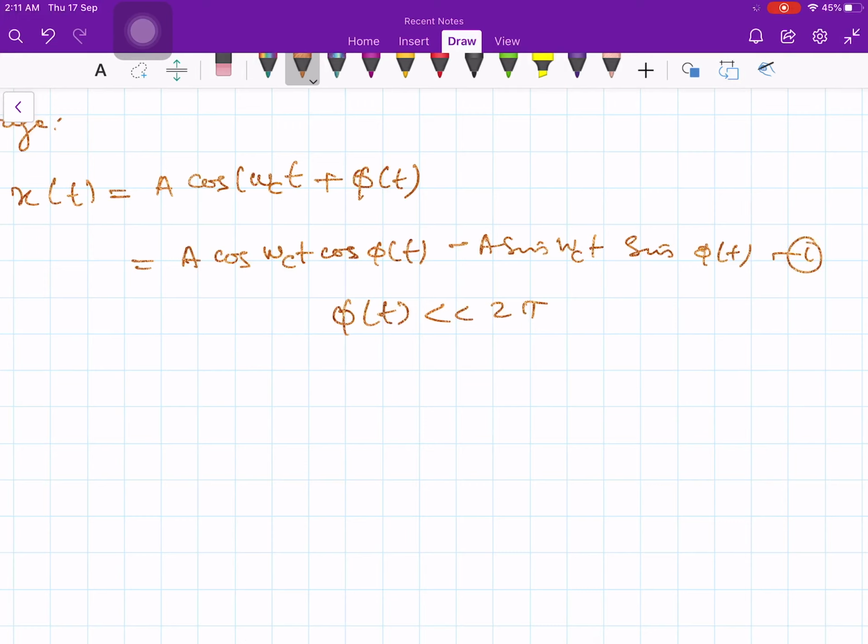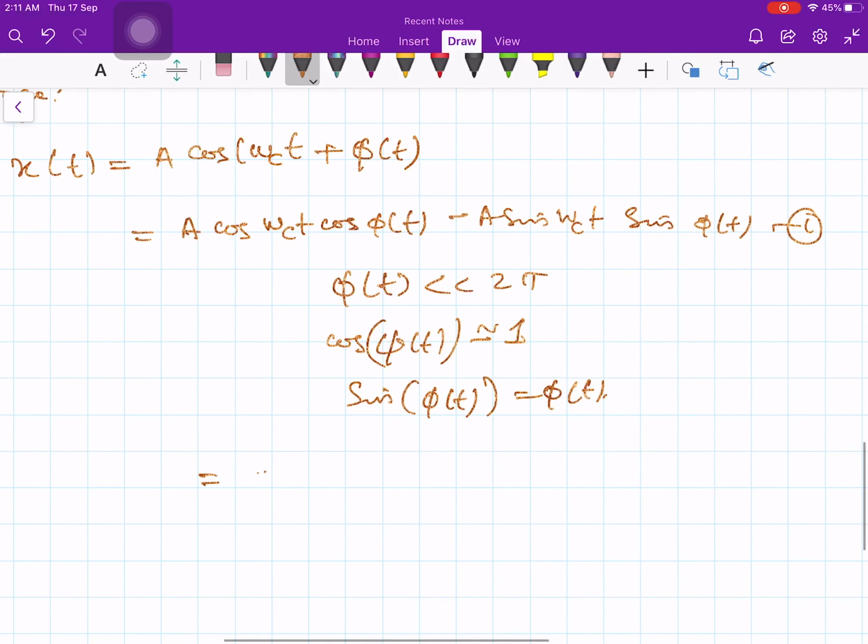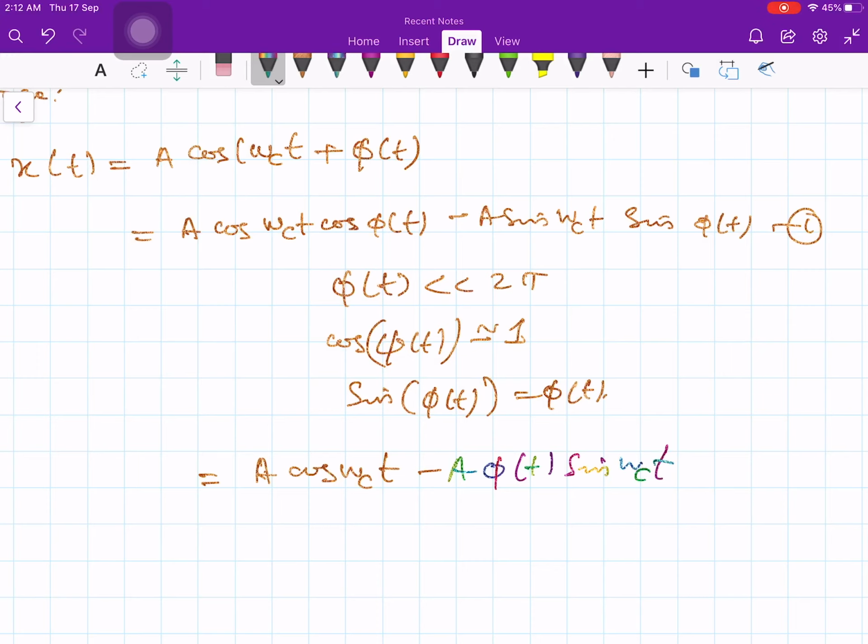Let me call it equation 1. That approximation is quite good, right? What is the approximation we used? Cos of phi t is equal to 1, and sin of phi t is equal to phi of t. Now if you use this approximation, then you get A times cos of omega ct minus A times phi of t sin of omega ct.